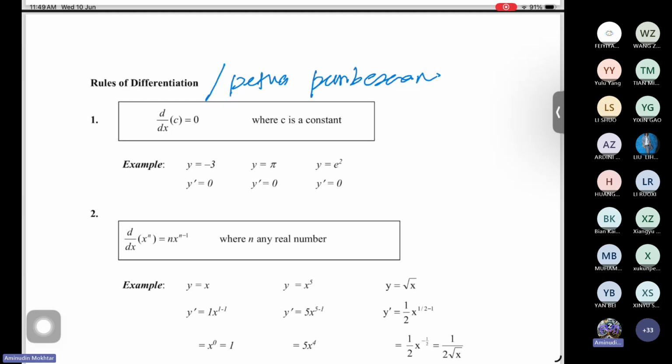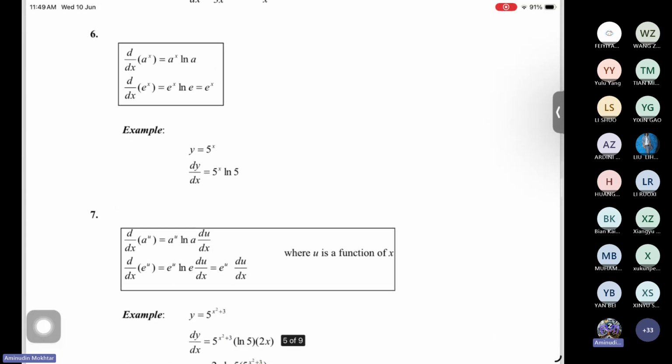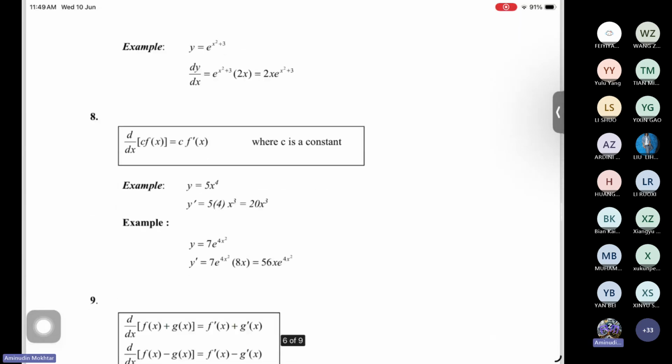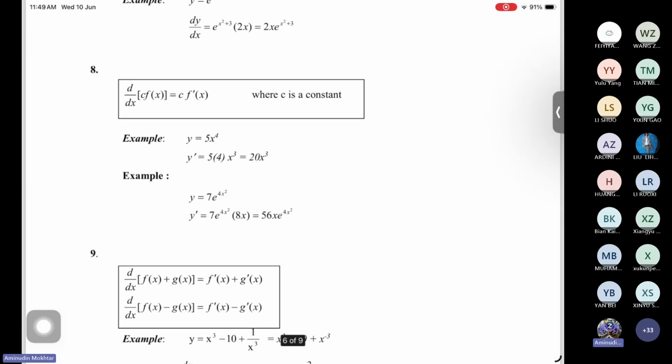Rule number 1, rule number 2, 3, 4, 5, 6, 7, and then I think until 8, 9, 10, 11, 12, and the last one is the chain rule, rule number 13.